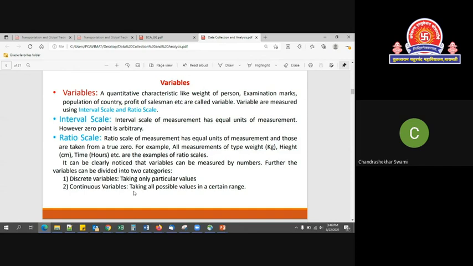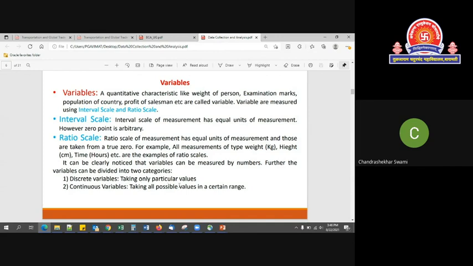Here we are saying that today on the Pune Solapur highway or Pune Mumbai highway, only one accident has occurred or five accidents have occurred. So the number of accidents means distinct values are considered. Such a type of variable is called a discrete type of variable. It takes only particular values.